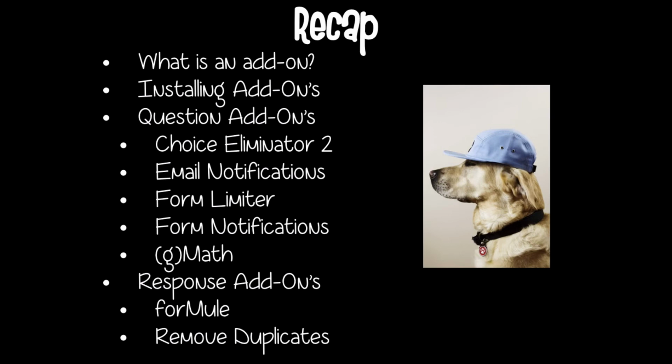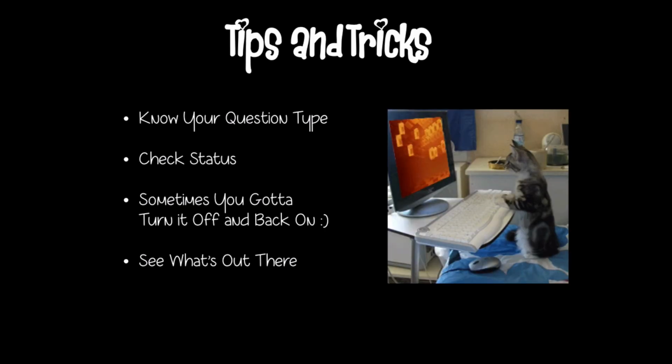Okay? So before we leave, I want to talk a little bit about some tips and tricks for using form add-ons. Number 1 is know your question type. If you are wanting to use Form Limiter, make sure that question is a drop-down. I would also highly encourage you to use drop-downs simply because it creates a uniform response to a question.